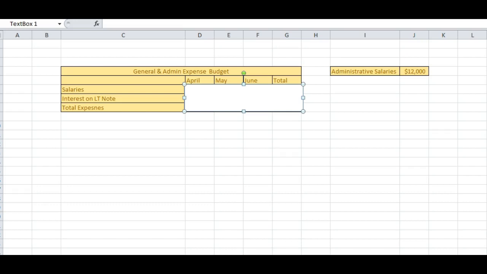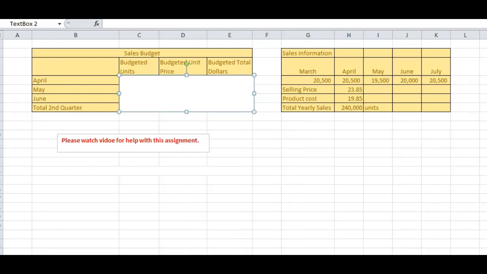And that's where you're going to come together and create that budgeted income statement, the retained earnings, and the balance sheet. But before you get to there, you need to know how to do all of the others and where all this information comes from.